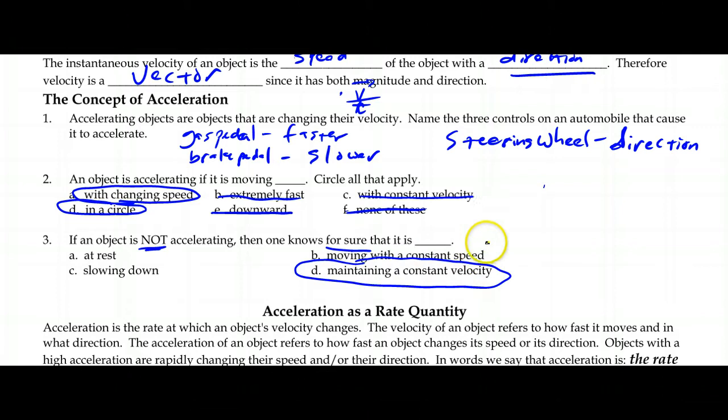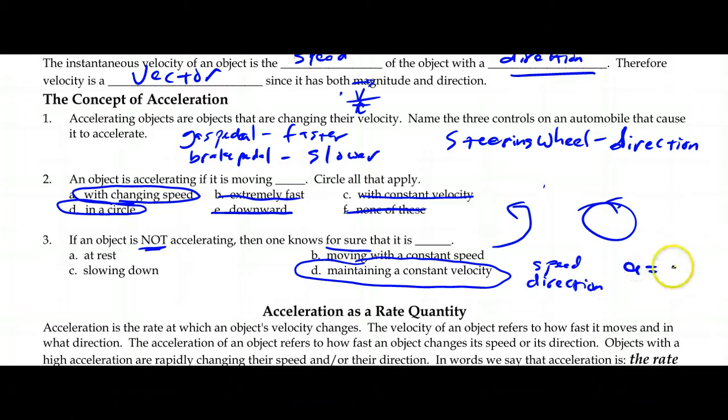Now, you say constant speed, well, it's not getting faster or slower, but how do we know it's not moving in a curve or a circle? An object could go round and round in a circle, but even though its speed is constant, its direction is constantly changing. So velocity has speed and direction. If velocity is constant, our acceleration has to be 0. Not necessarily if the speed is constant.